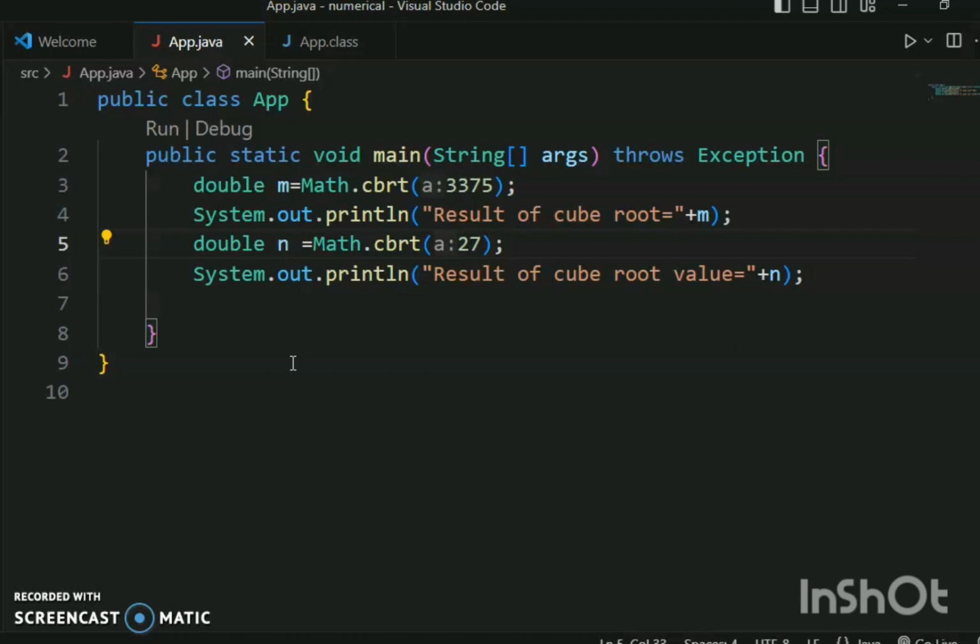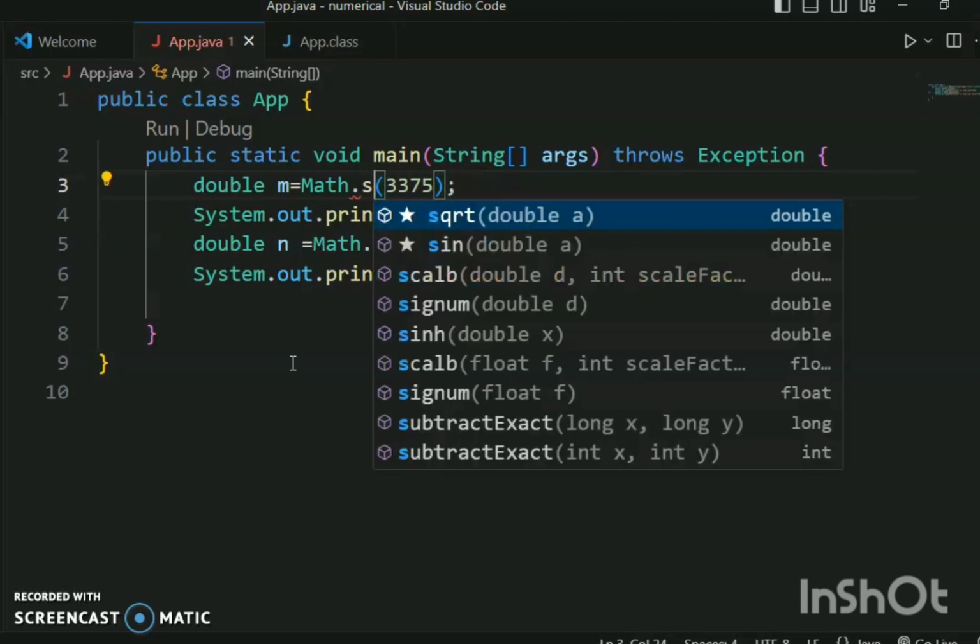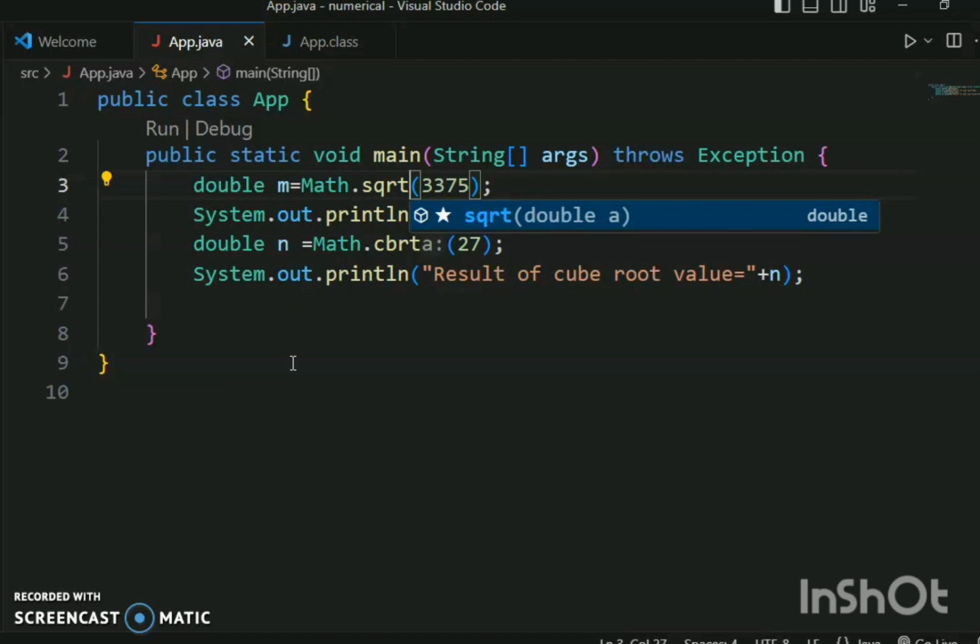This is the way. Now I can use square root. I change it to Math.sqrt, just changing this portion, 625.